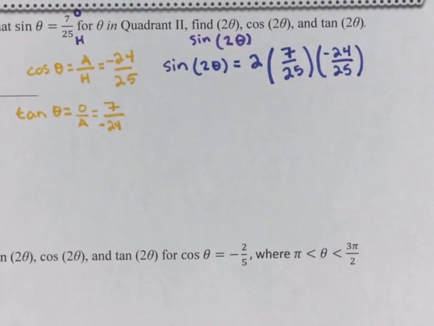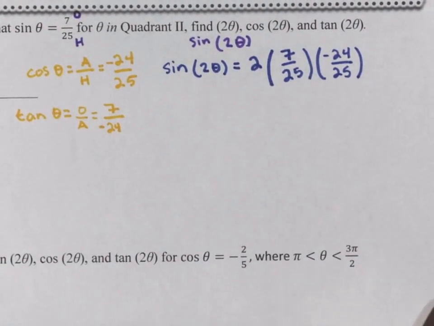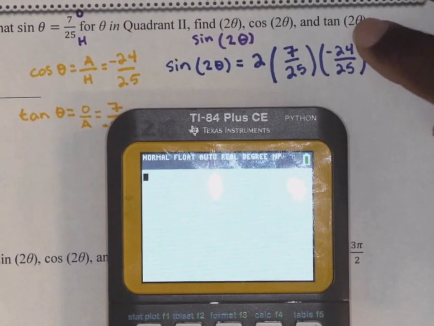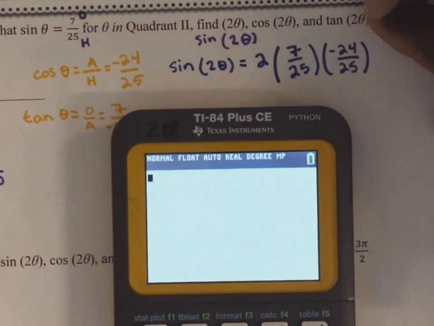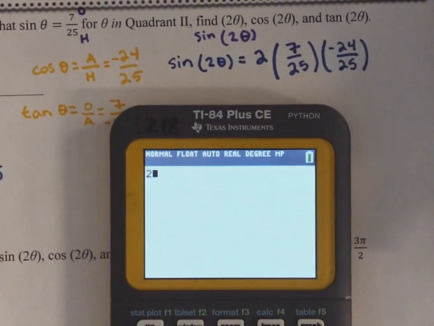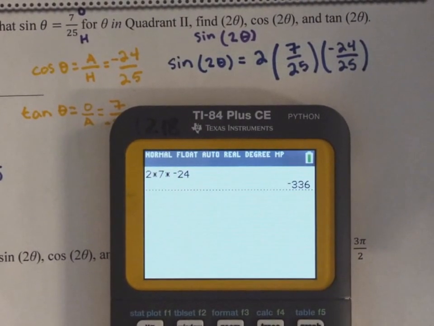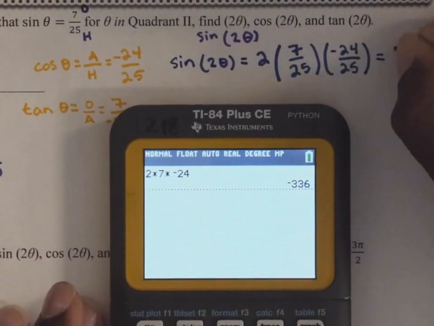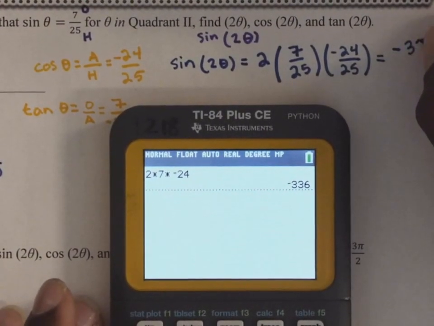So I just multiply the top of the fraction, multiply the bottom of the fraction, and I get my exact value. So 2 times 7 times negative 24, negative 336. That's the top.